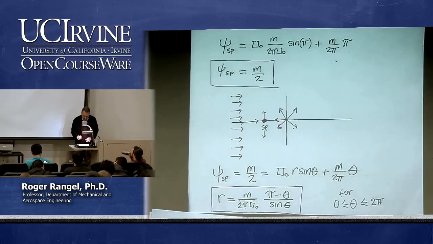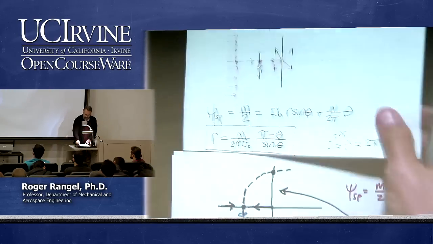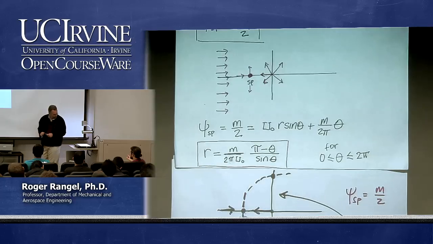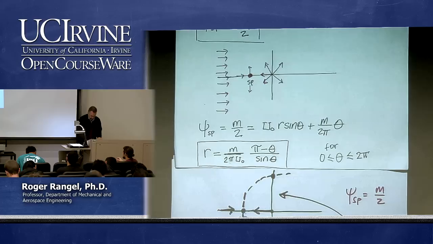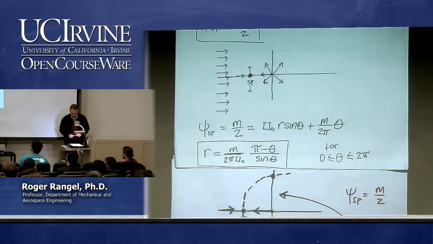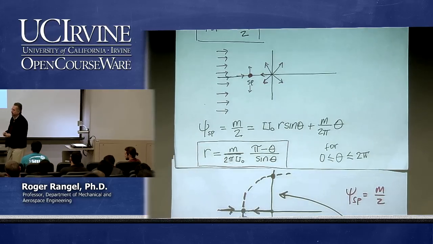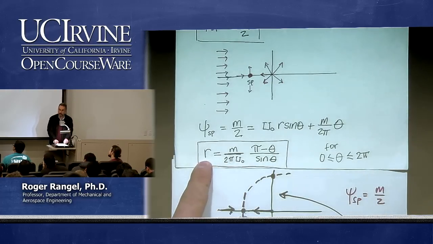So where does this line go then from here? Where do you think it goes? It takes a little bit of thinking. Actually, let's do it right here. Here's the expression for r.